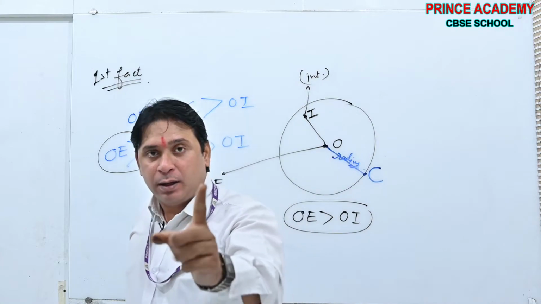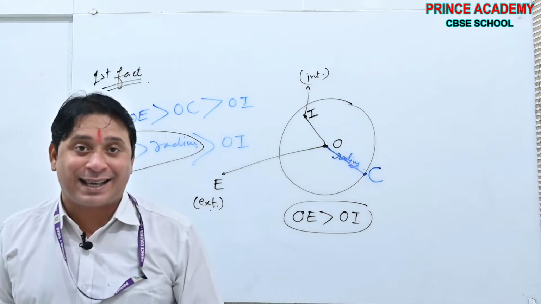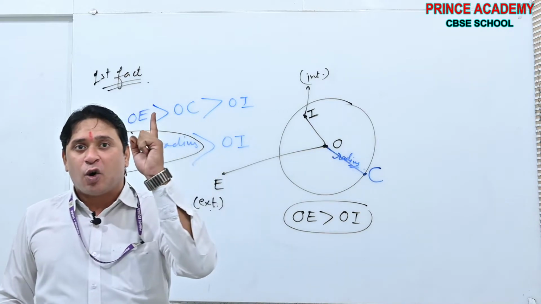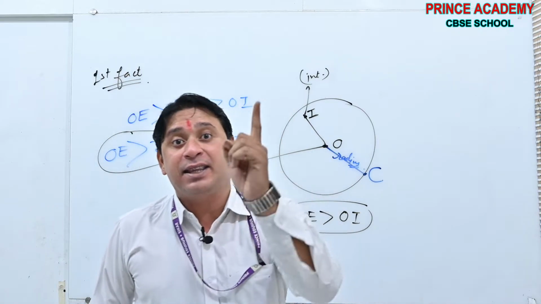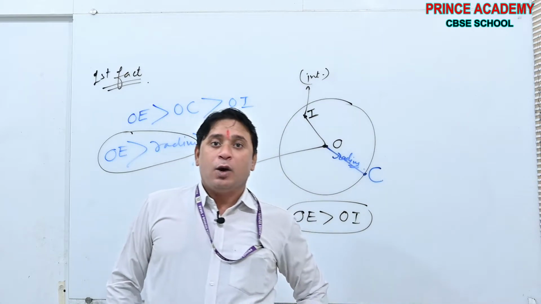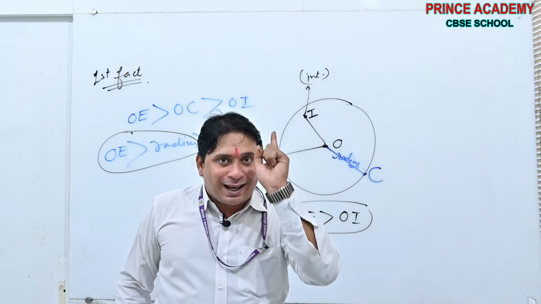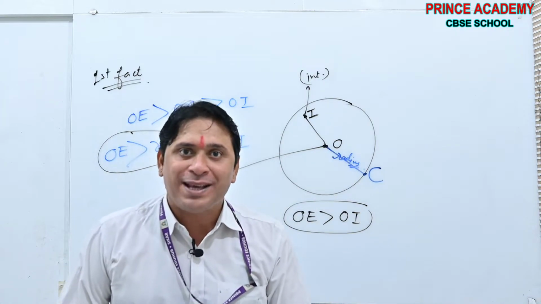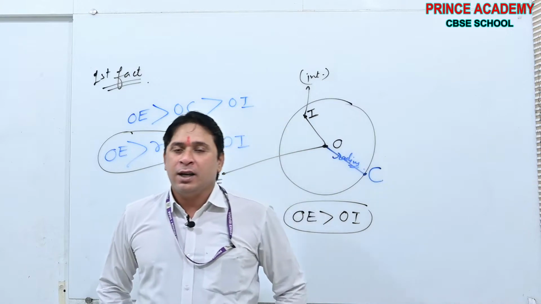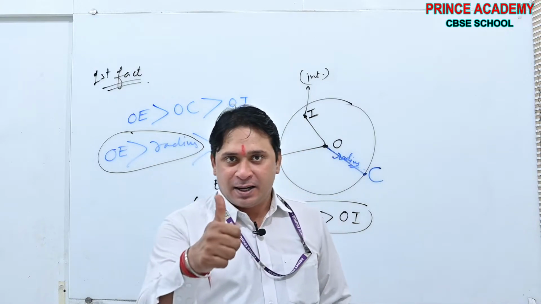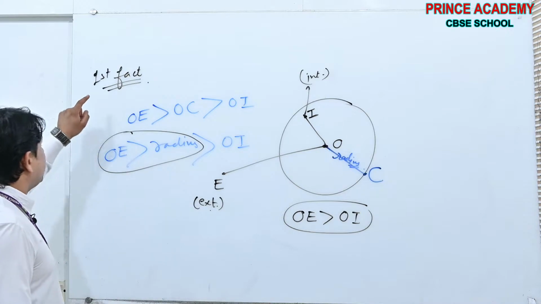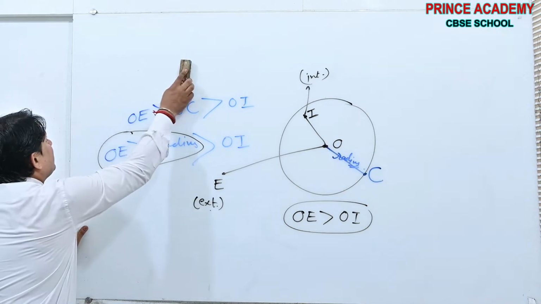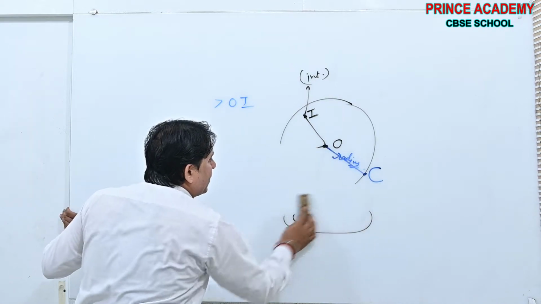Always remember, the distance of an external point from the center is always greater than the radius. You got my point? Done beta? Now see, this is the first fact, take a screenshot beta. This is the first fact I will use in the theorem.